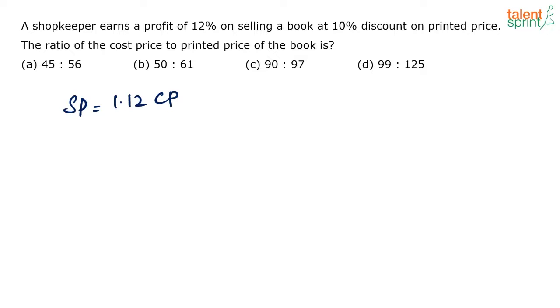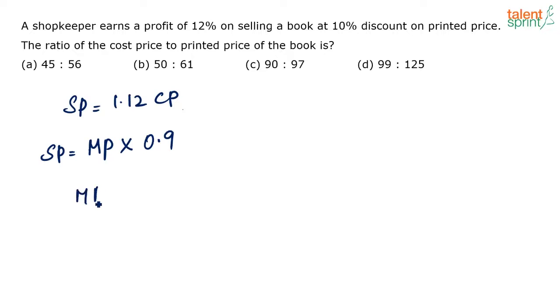Selling a book at 10% discount on the printed price. See, what is the selling price? The selling price is nothing but whatever is the marked price, on that a 10% discount is given, or 0.9 times the marked price is equal to the selling price. Basically, for this question, I wrote the selling price in terms of the cost price and also in terms of the marked price. I can equate these two.